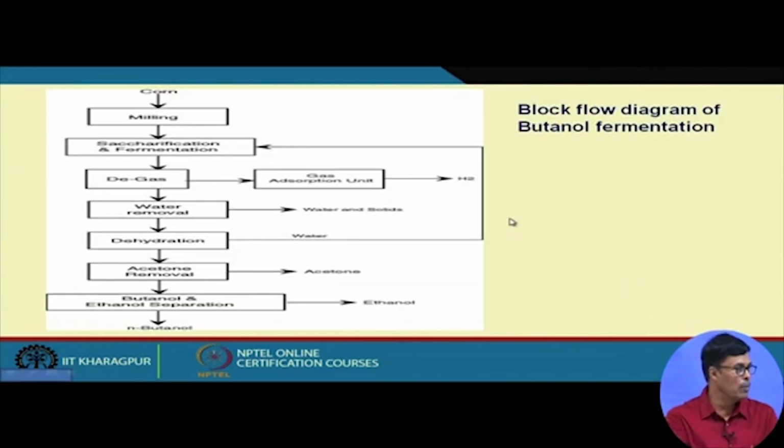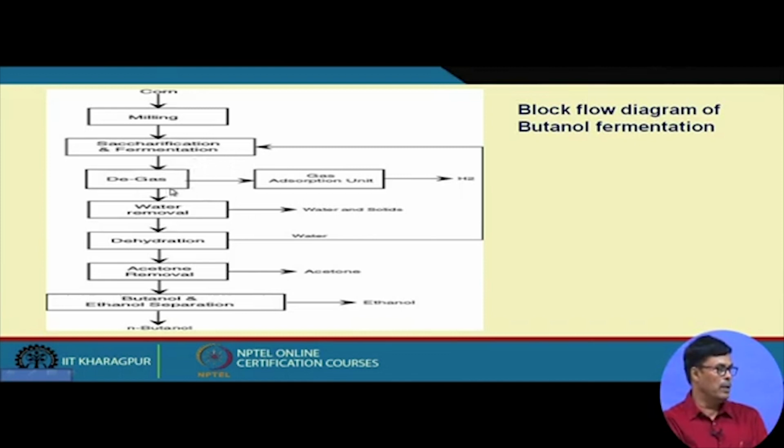Now, this is the block flow diagram for the production of butanol from corn starch. We take the corn, dry it, and do the milling. Milling means we are making it into powder form. Then we make a dough and undergo the saccharification process, and the soluble material containing the glucose undergoes the fermentation process.